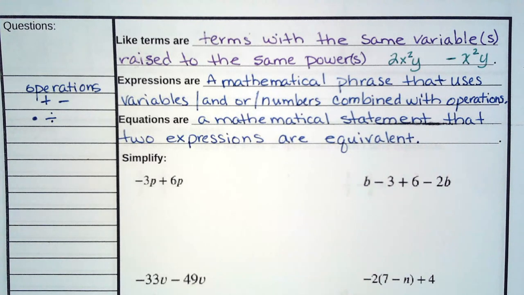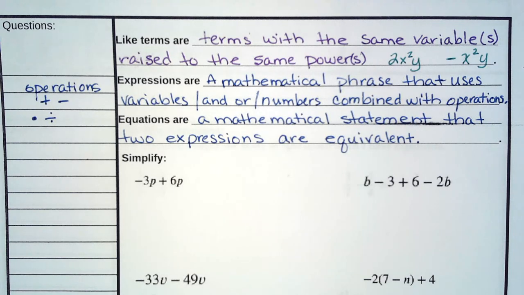A mathematical statement that two expressions are equivalent. So if you look at everything that we're going to simplify, there's no equal signs. So these are all expressions. They are not equations.